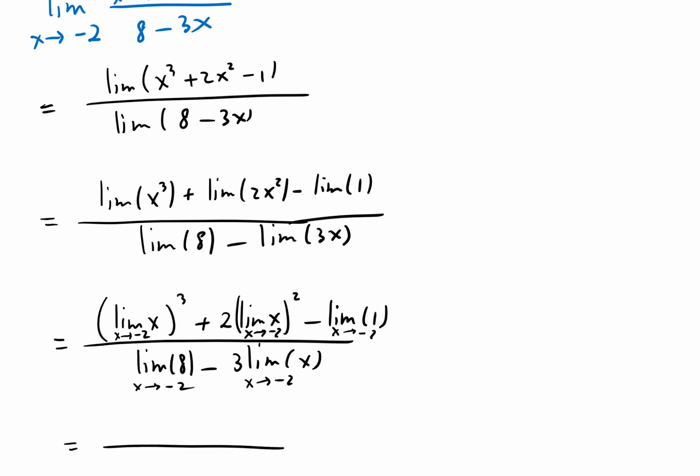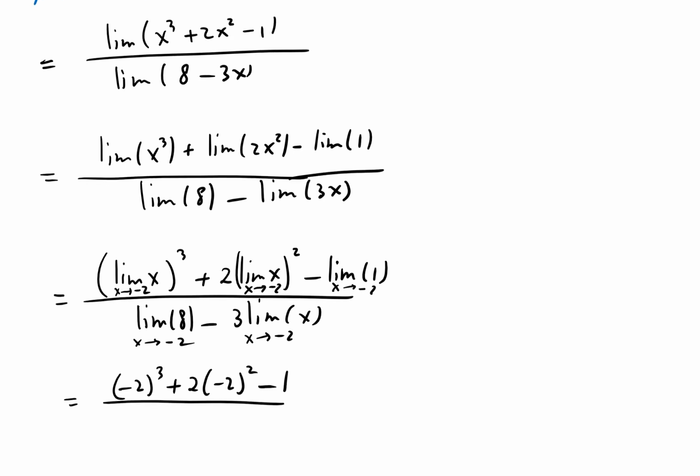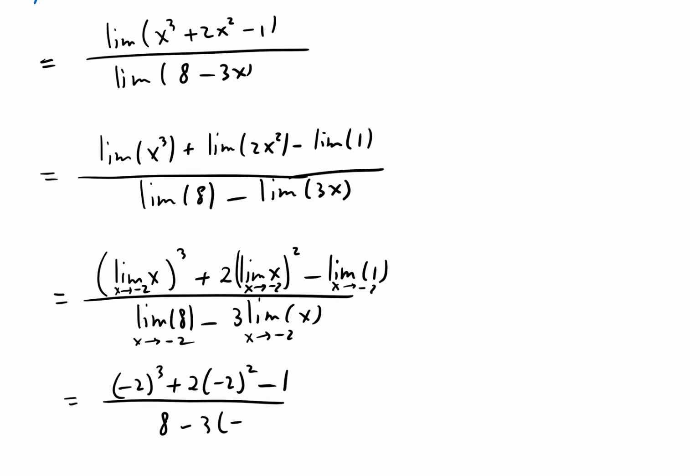We get negative 2 to the third power plus 2 times negative 2 squared minus 1 over 8 minus 3 times negative 2. That gives me negative 8 plus 8 minus 1 over 8 plus 6. These cancel. The answer is negative 1 over 14.